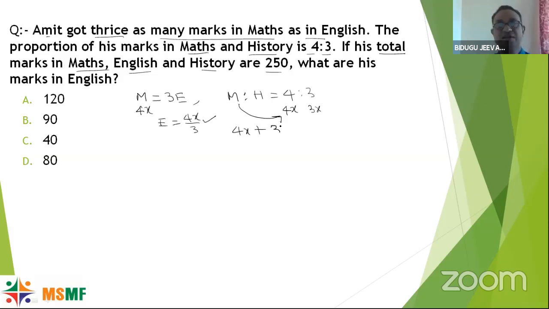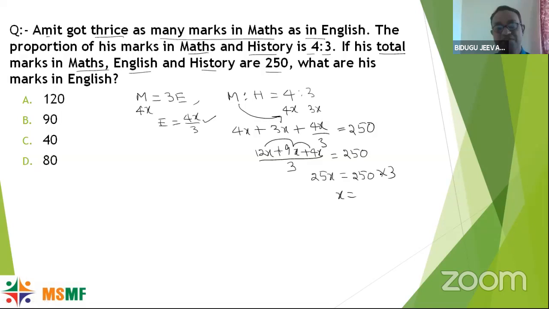If I take the LCM as 3, 12x plus 9x plus 4x is equal to 250. Now 13 plus 12, 25x is equal to 250 into 3. I hope you understood the x value.